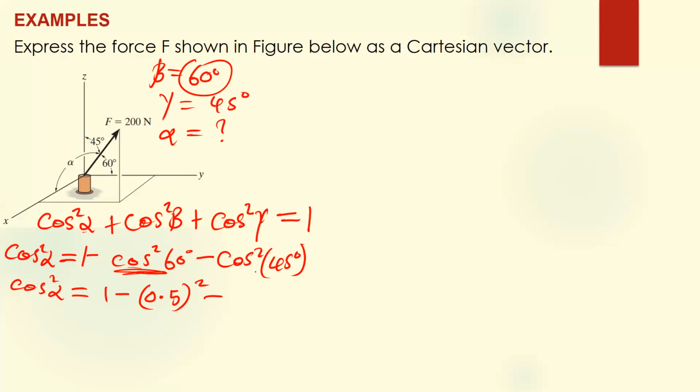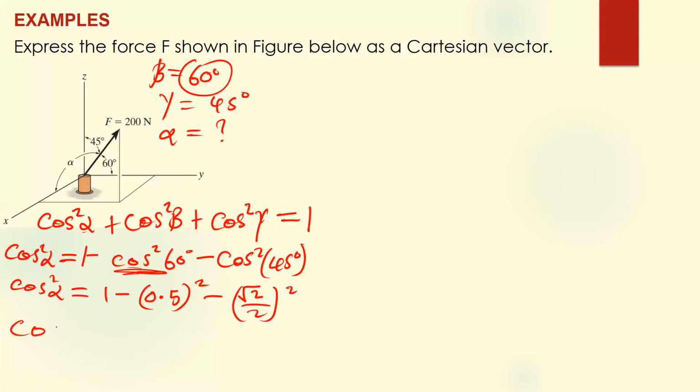Cos 45 is the same as the root of 2 over 2, which is 0.707 in decimal form. But if you want, let me write it in fraction form. So this is just going to be the root of 2 over 2, squared.